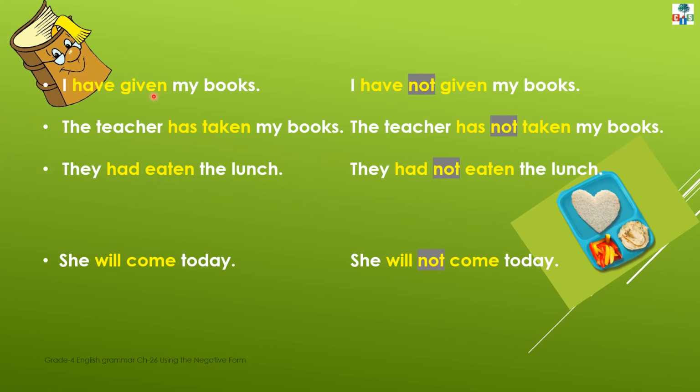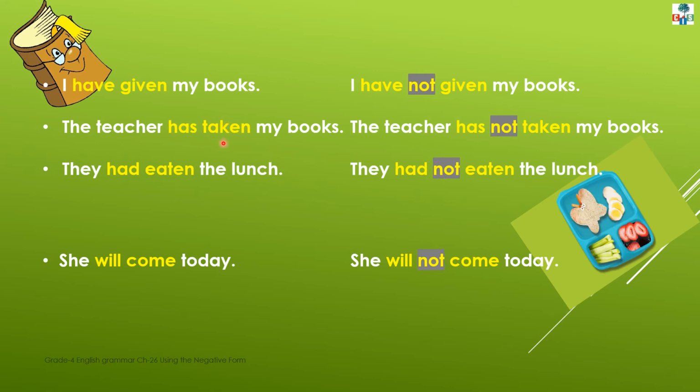And when we change it into a negative sentence, we will use not after the helping verb. I have not given my books. See next example. The teacher has taken my books. Now here the helping verb is has, and with has also we will use the past participle form of the verb.